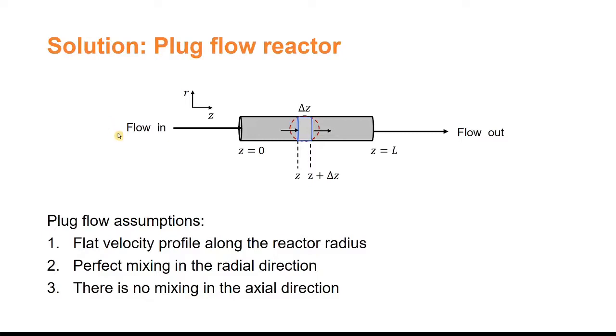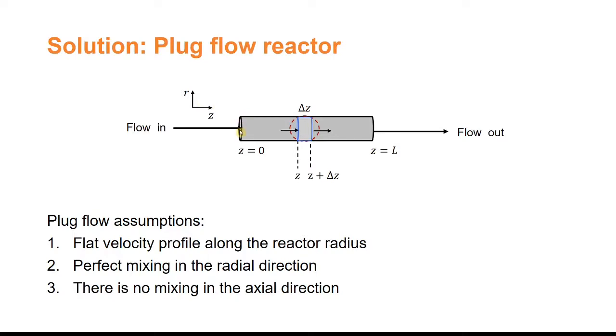So we start off by drawing a diagram of the system. This is a tubular reactor, and we define coordinate Z along the axis and R in the radial direction.